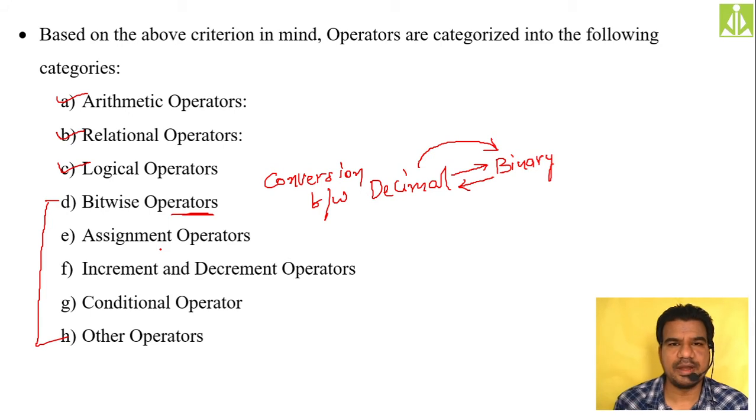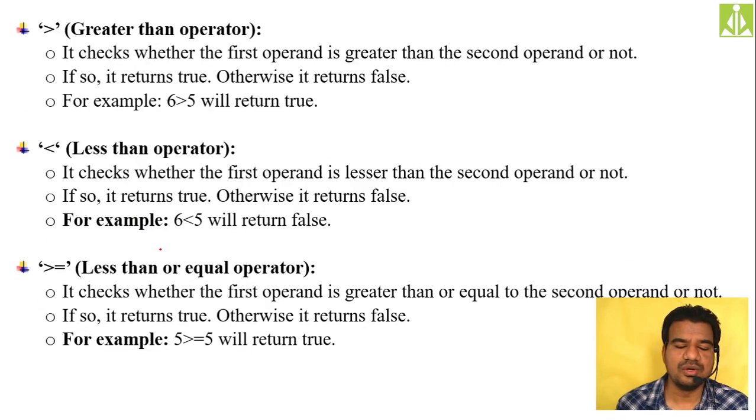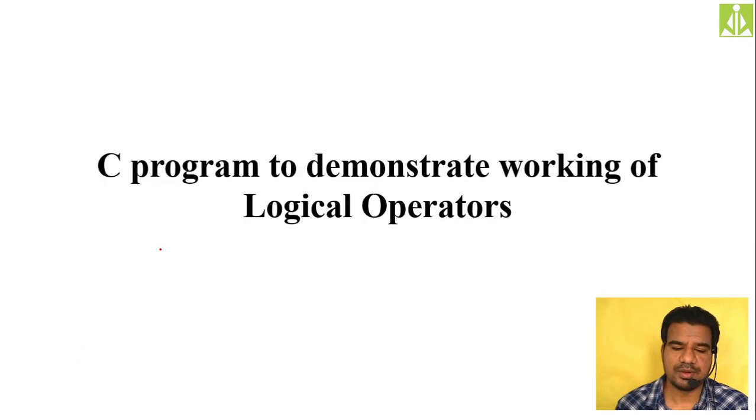In order to perform the bitwise operation, you need to convert those operands into binary form before applying the bitwise operation, because these bitwise operators operate at a bit level of the operand value.